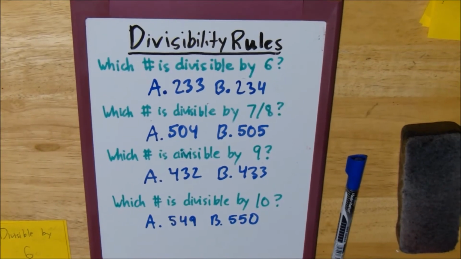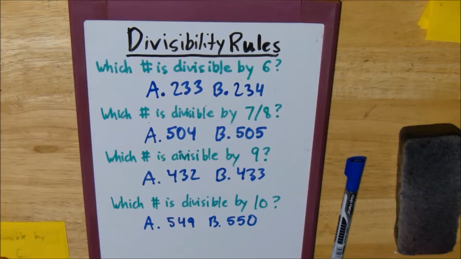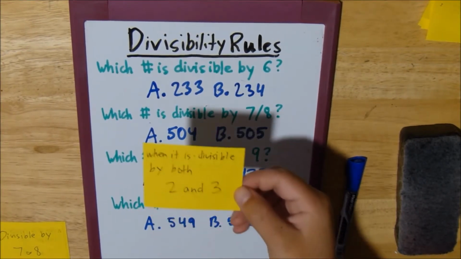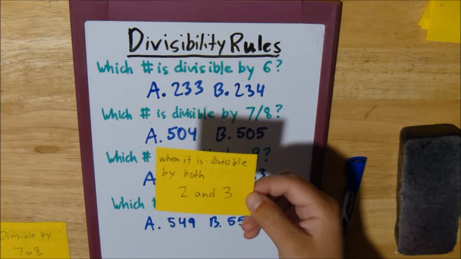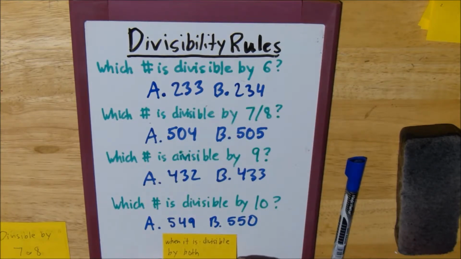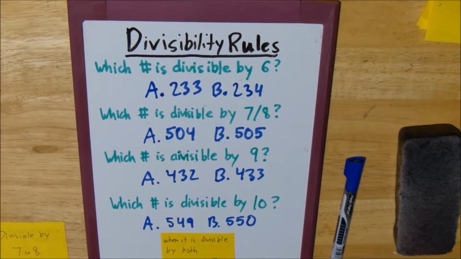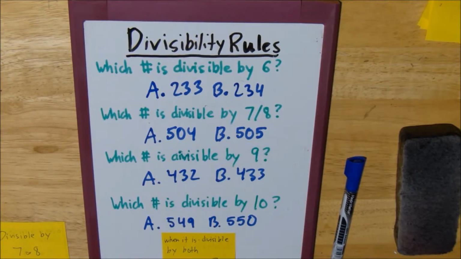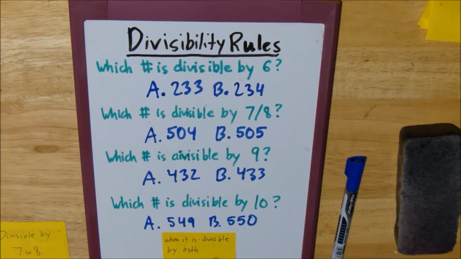Alright, next one is which number is divisible by 6. So our rule for if a number is divisible by 6 is when it is divisible by both 2 and 3, right? So it has to meet those two requirements. Instantly off the bat, I see that our first number, 233, is not divisible by 2, right? It has to be even, so ending in 0, 2, 4, 6, 8.